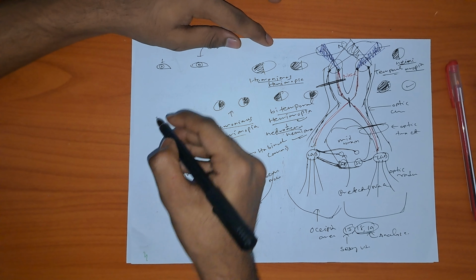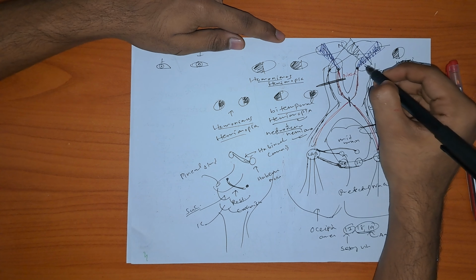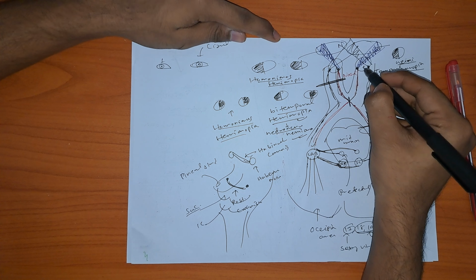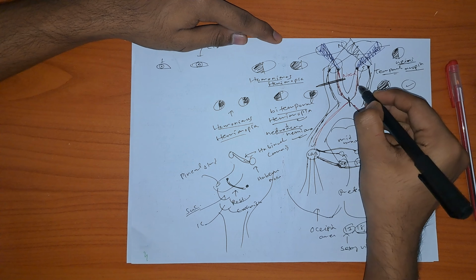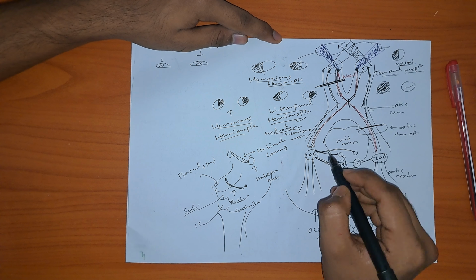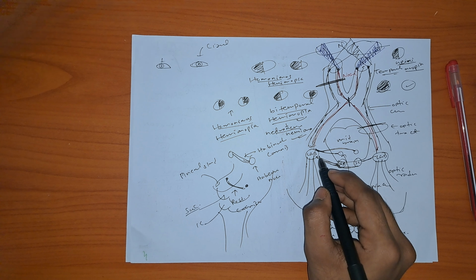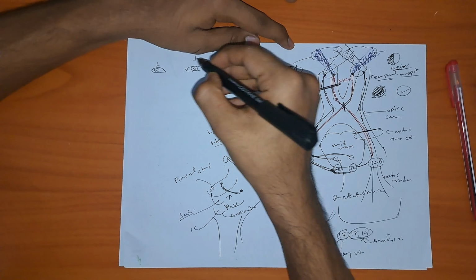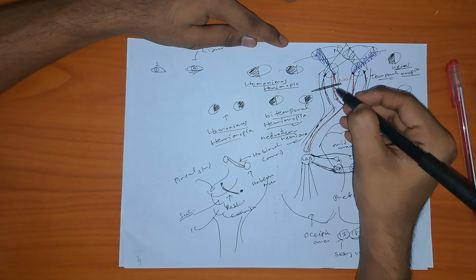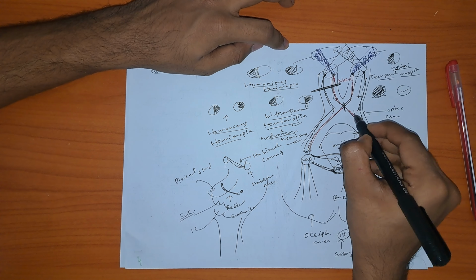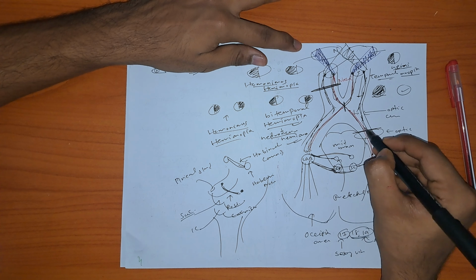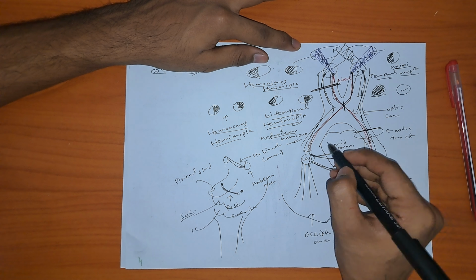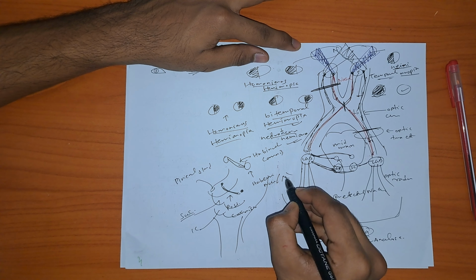So how will this constrict? First, shining the light on the eye, the signal goes by the optic nerve, then the optic chiasma, then the optic tract. The optic tract divides into two parts, medial and lateral.